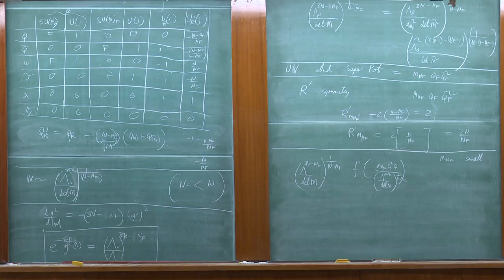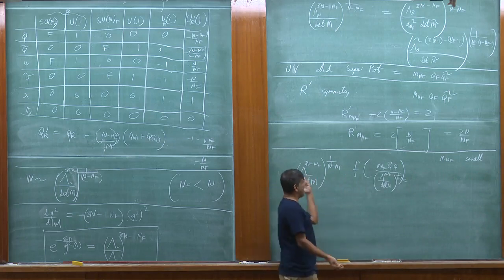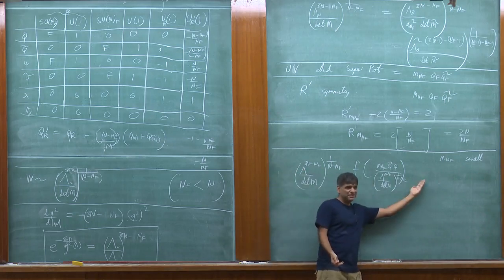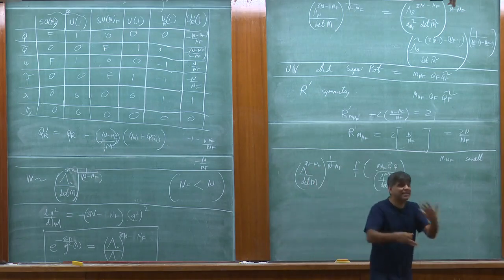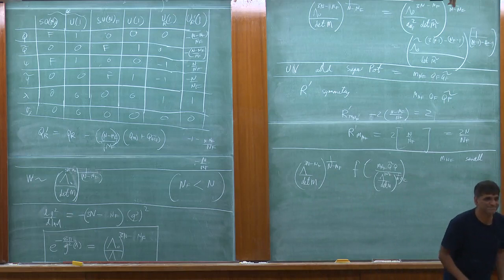In that limit then, the superpotential should just reduce. The fact that there was this extra mass term should make no difference at all, except that it's added this extra mass. There should be no quantum corrections to adding this extra mass term.